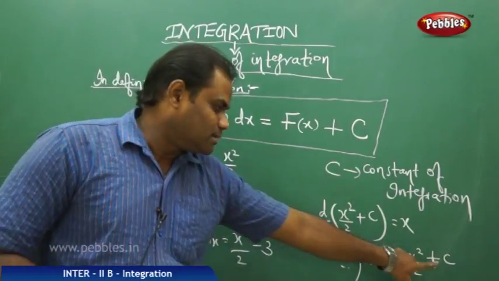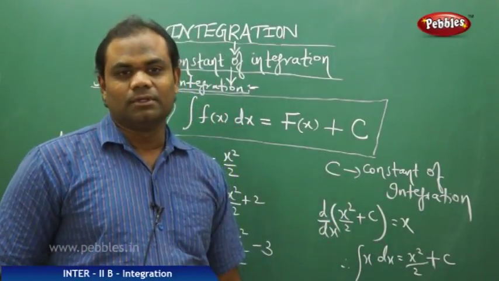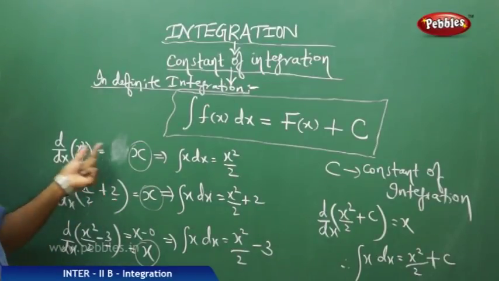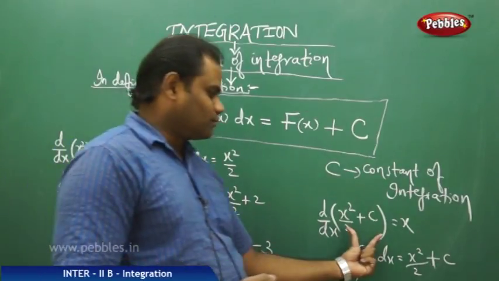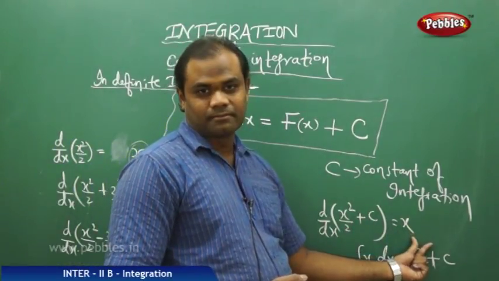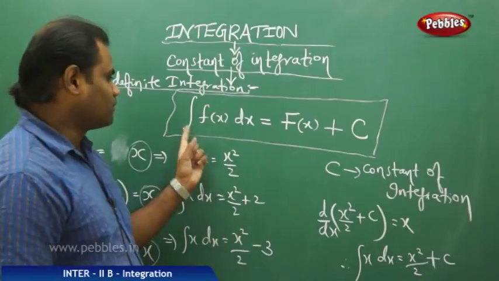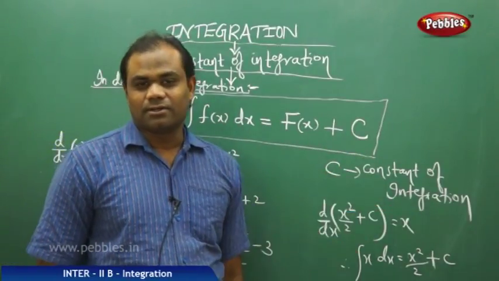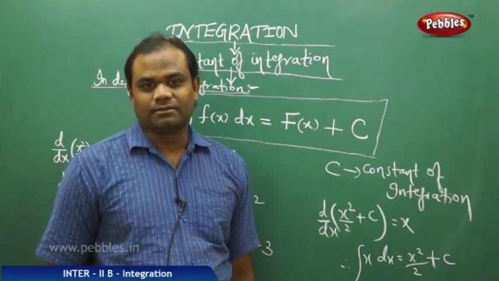So plus c is a must in every problem, because the derivative of this is this, and of this also is this. In general, of this function is also x. Therefore, the integration of f of x dx is F of x plus c. C is the constant of integration.